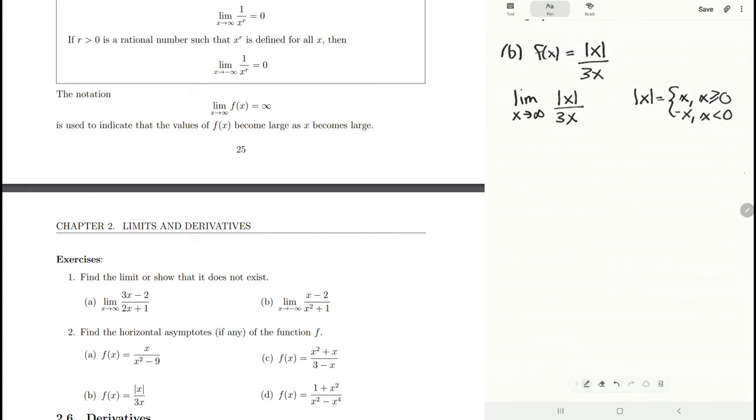So if we're letting x go towards positive infinity, then the absolute value of x will be equal to x. And so we have the limit as x approaches infinity of x divided by 3x. And here we can simplify our limit, so we can cancel the factors of x.